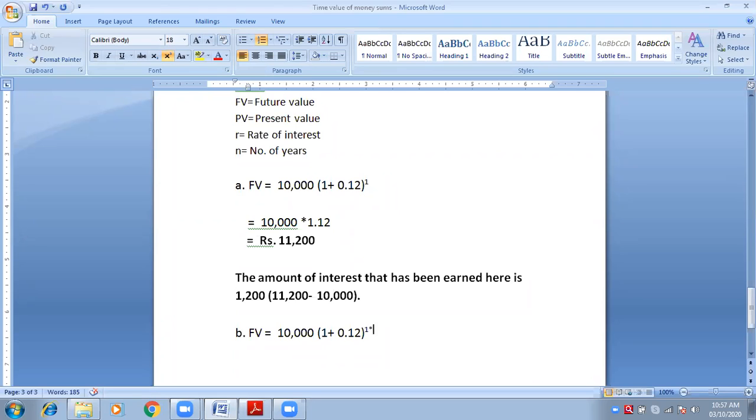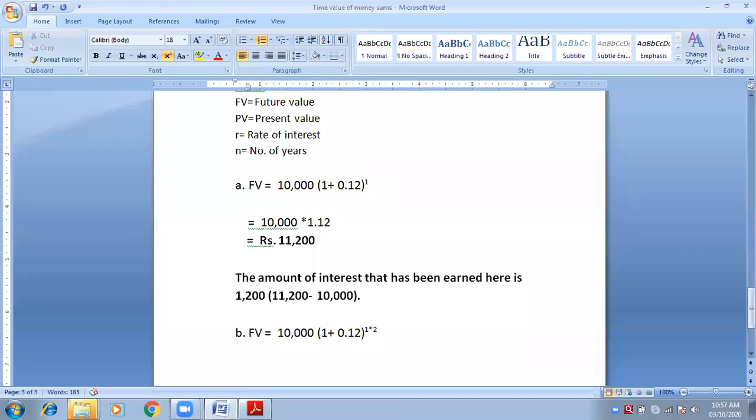Half yearly means 6 months. So how many times 6 months are there to make the total of 12 months? 2 times. Are you getting my point? 6, 6. 2 times 6, 6.